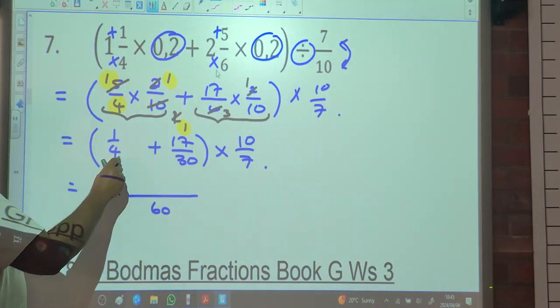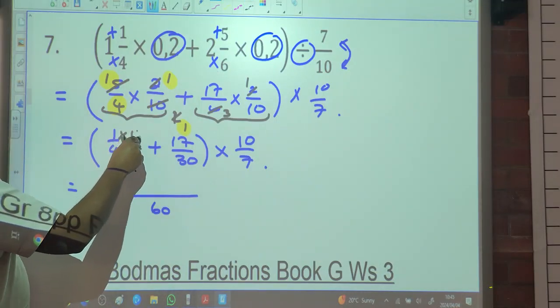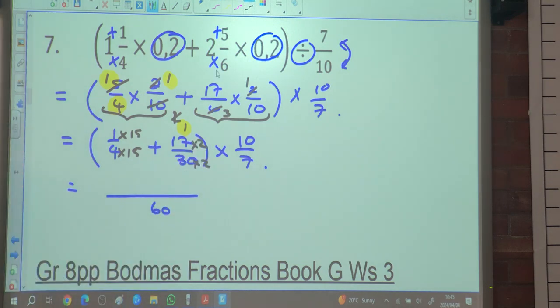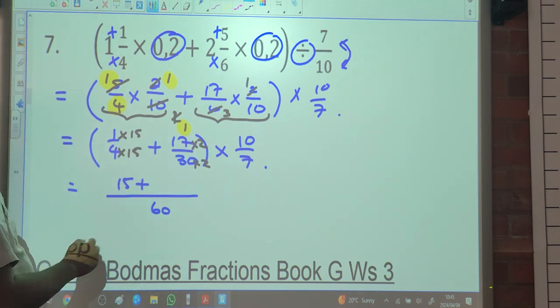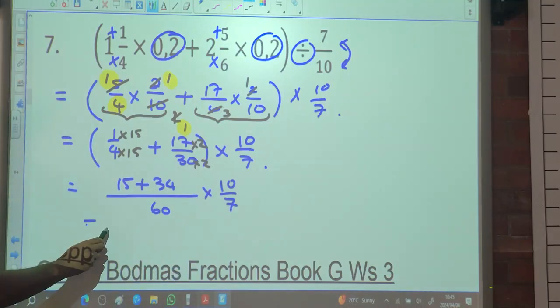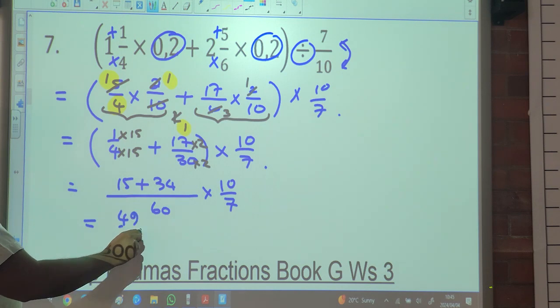So you multiply this by 15. 1 times 15 is 15. 17 times 2 is 34, times 10 over 7. 15 plus 34 is 49.